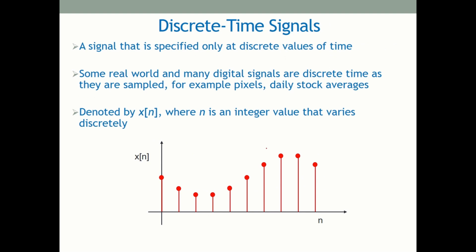Then we have the discrete time signals. Again, continuous and discrete is determined by the x-axis, the time axis. In this case, the points can take on only discrete values, like integer values 0, 1, 2, 3, -1, -2, and so on. These were the two signal types based upon the time axis.